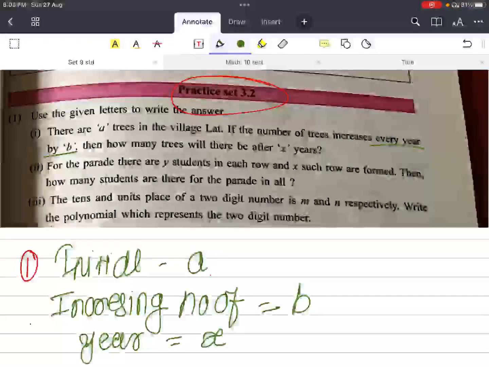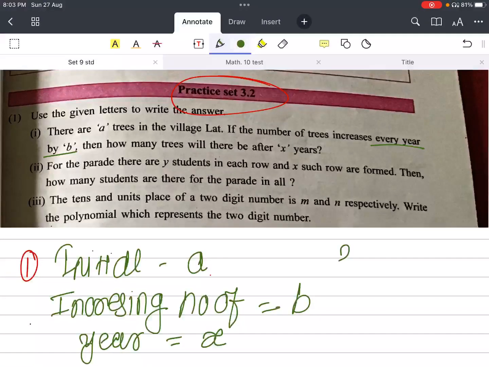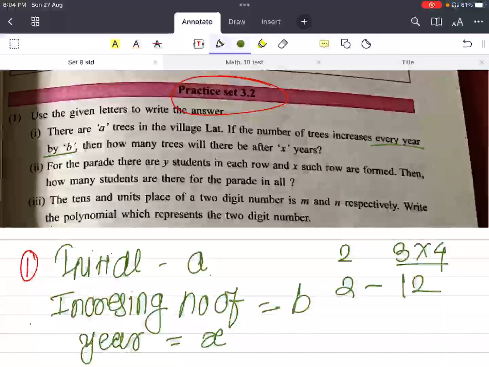क्लियर है? अब मान के चलो हमारे पास दो पेड़ हैं, ठीक है, और तीन पेड़ मान के चलो हर साल बढ़ रहे हैं, और ऐसे हम 4 साल कर रहे हैं। तो पहले तो दो थे, then 3 4 12 बढ़ रहे हैं, 4 साल में 12 बढ़ेंगे। अब टोटल कितने रहेंगे? 12 प्लस 2, 14 रहेंगे। तो इसी को कंपेयर करेंगे हम.